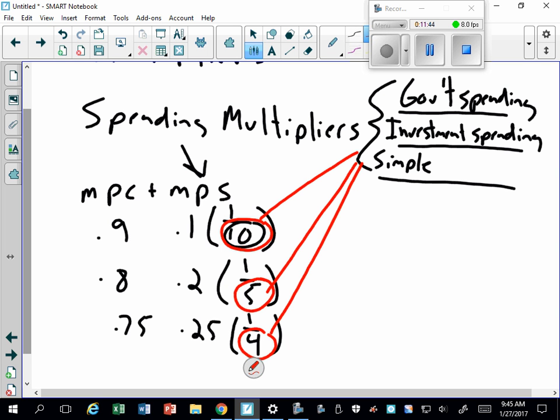Now, why are there multipliers? If you think about what's happening here, I'll just use a quick government spending example. If the government spends $1 billion to build a bridge, it's an initial change in spending of $1 billion. But then think about what happens. The workers that work on the bridge get paid and they now have money to spend. The people that make the steel for the bridge, let's say it's the bridge by exit 14 by us, there could be a factory in the middle of Pennsylvania that's making that steel.